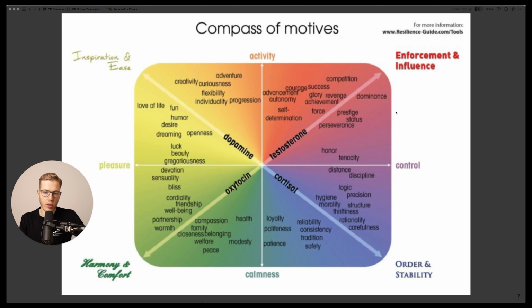But then look within these words. For a lot of people, they resonate more with some words on some color spectrums, and that then is usually their most dominant color. So for me personally, I'm on the blue-red side. So I resonate a lot with competition, success, and also things like perseverance and courage, achievement.